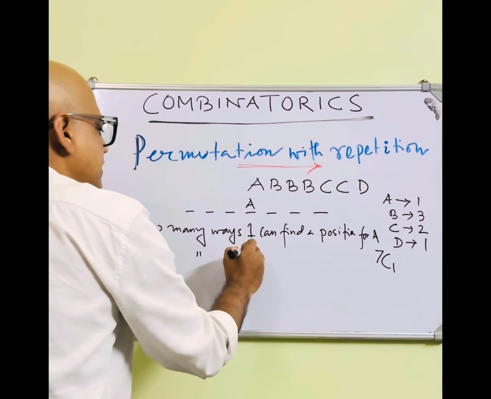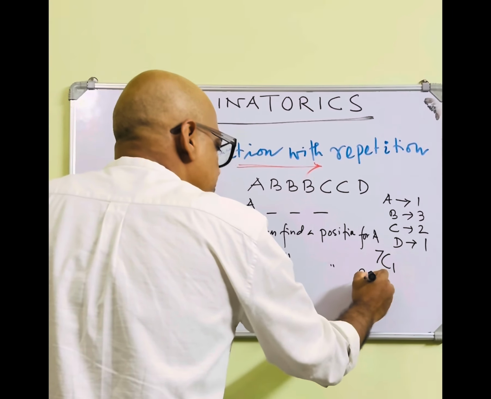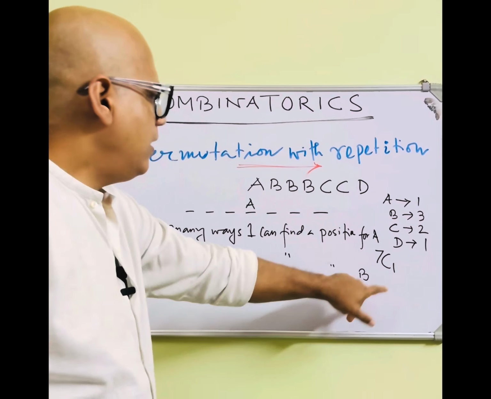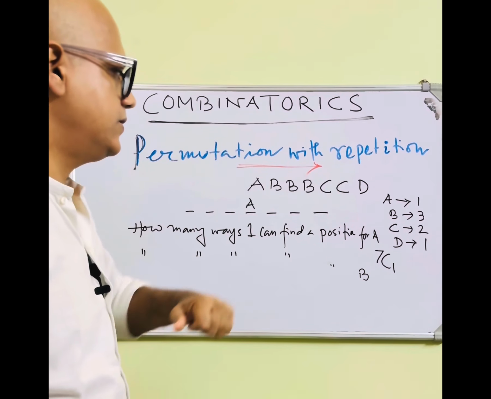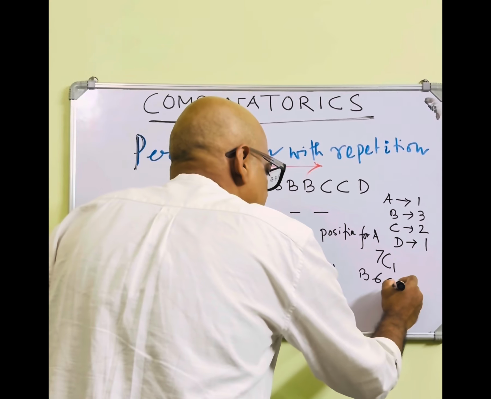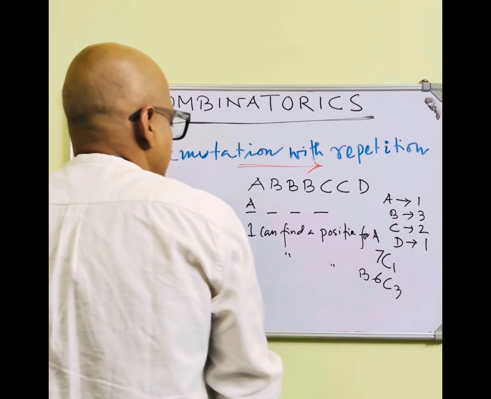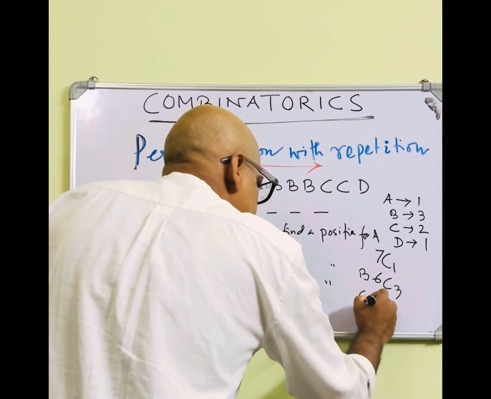There are 7 positions, I have to choose 1, so 7C1. Likewise, how many different ways can I choose a position for B? Now B is repeated thrice. How many positions are left for B? 6. So definitely I can place them 6C3 ways. How many different ways can I choose a position for C?